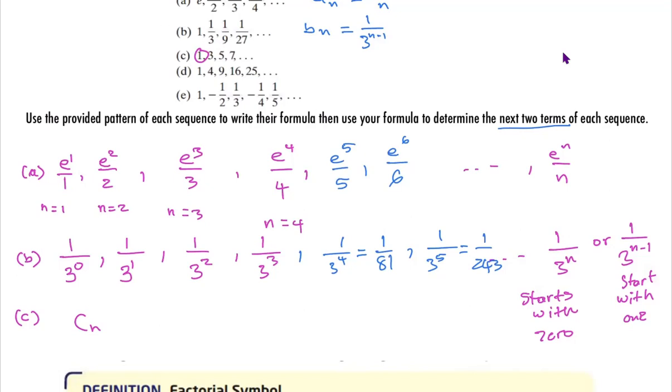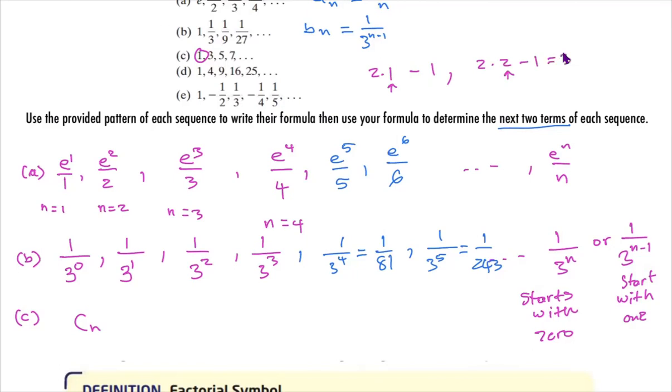So if we have 2 minus 1, it's 1. So what if we do 2 times 1 minus 1? That's n equals 1. Now when you do 2 times 2 minus 1, it's 3.